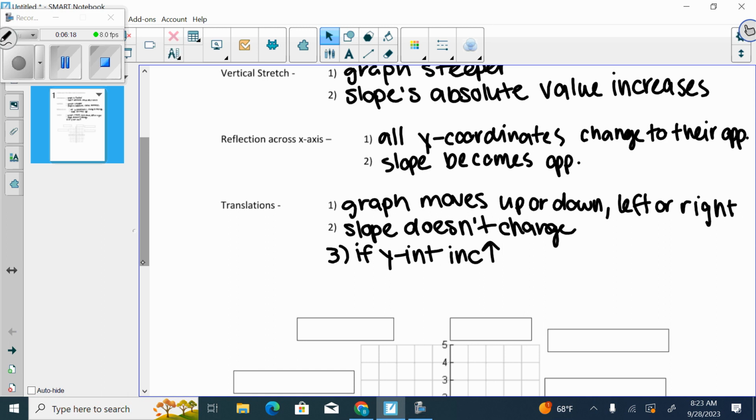Y-intercept increases, the whole graph goes up. While if our y-intercept decreases, the graph goes down.